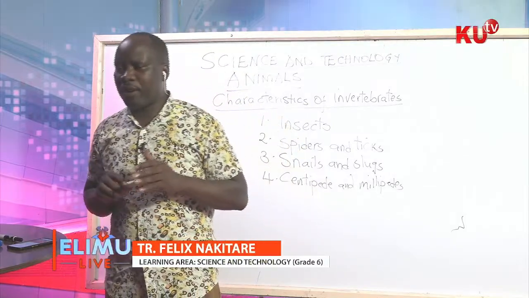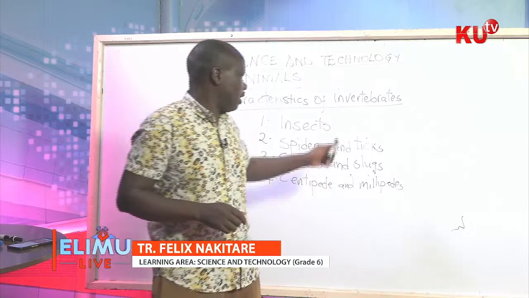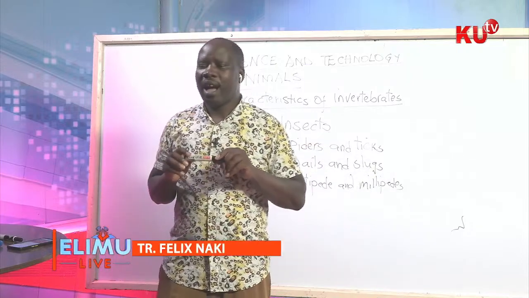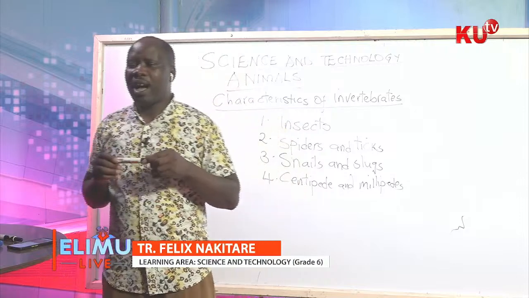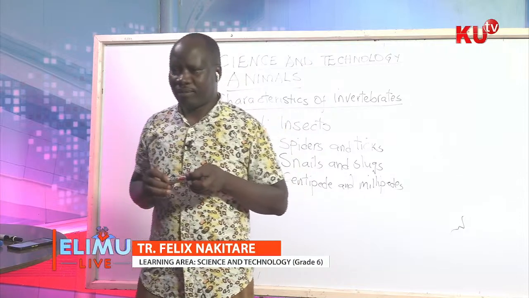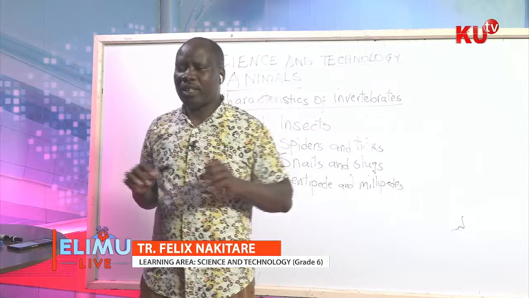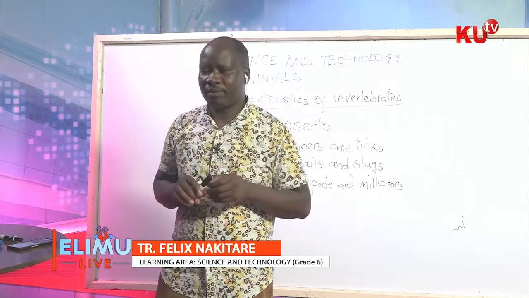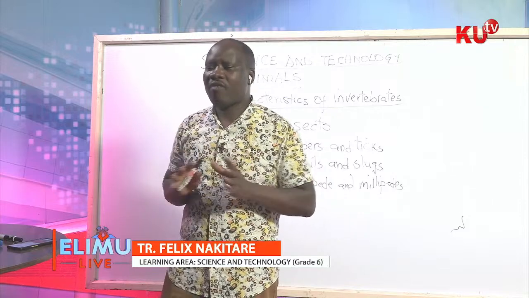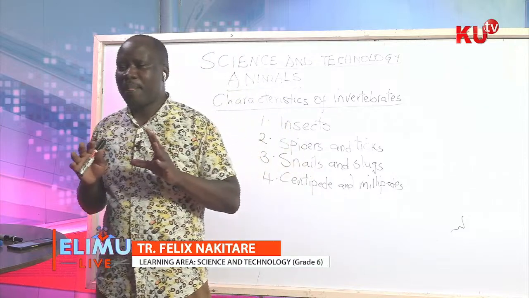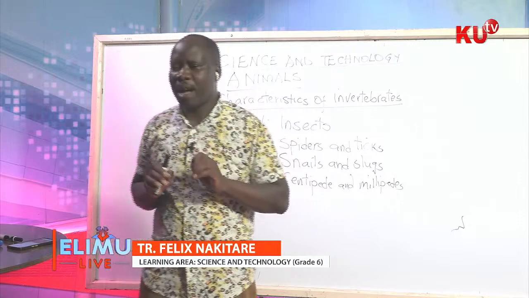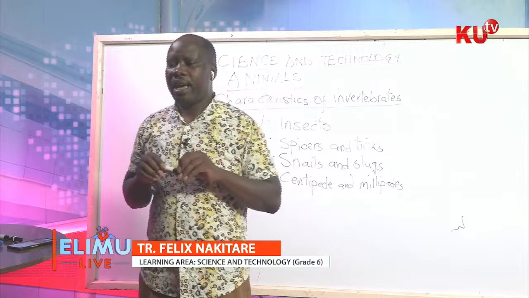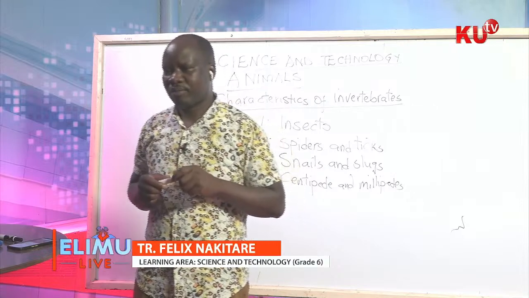So their last point, or their last characteristic of insects, we say that insects have an outer hard covering. The outer covering of an insect looks like a skin, but it's not a skin. It is the outer covering which acts as the skin, but it is a bit hard, and it is called exoskeleton.